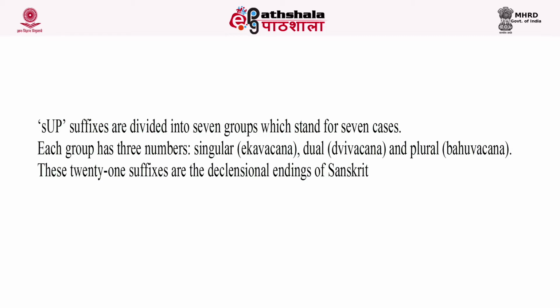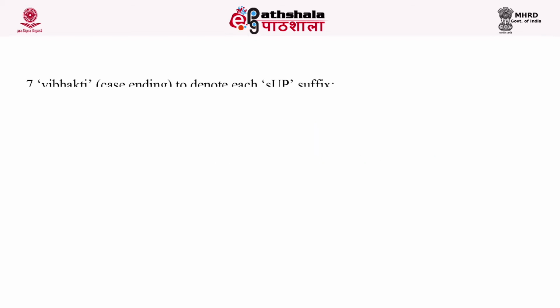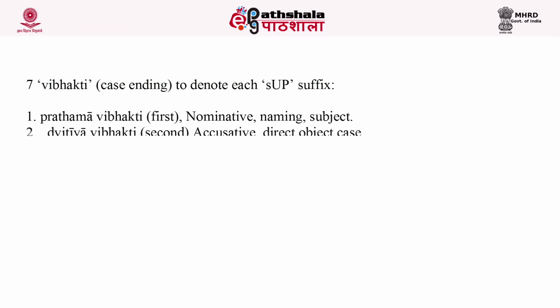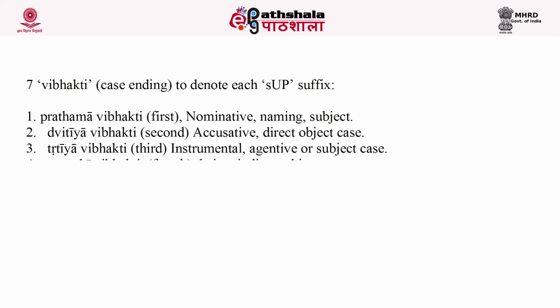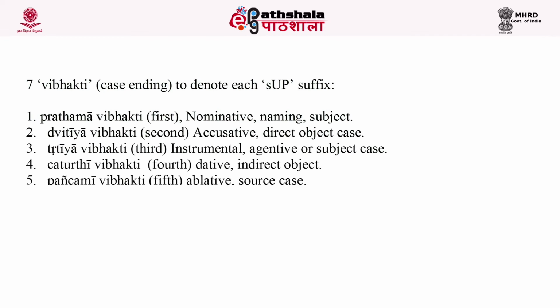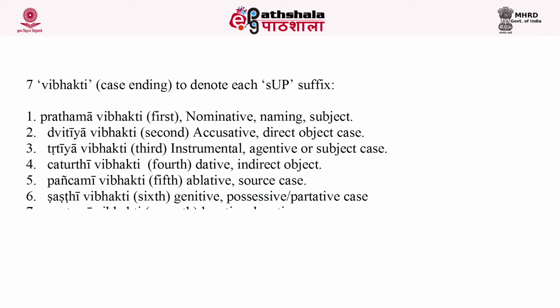a nominal stem or base. These 21 suffixes are the declensional endings of Sanskrit divided into 7 triplets. These suffixes denoted by sup, taken one by one, have the ekavachana singular, dvivachana dual, and bahuvachana plural to denote them respectively.